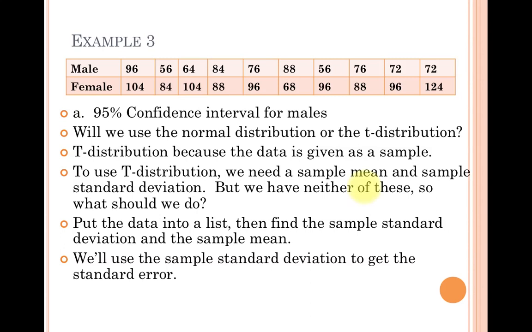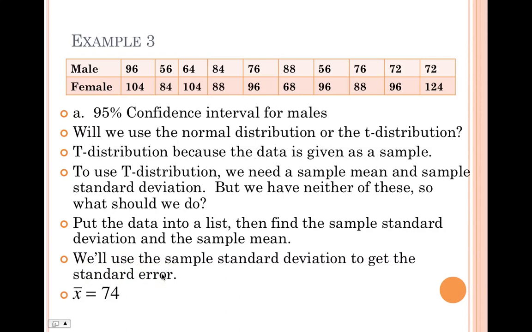After you get the sample mean, you can also take note of what the sample standard deviation is. That's the row that says Sx on the calculator. So you'll find it for males, and then you'll also find it for females. And then we're going to use S and divide it by the square root of n to get the standard error.